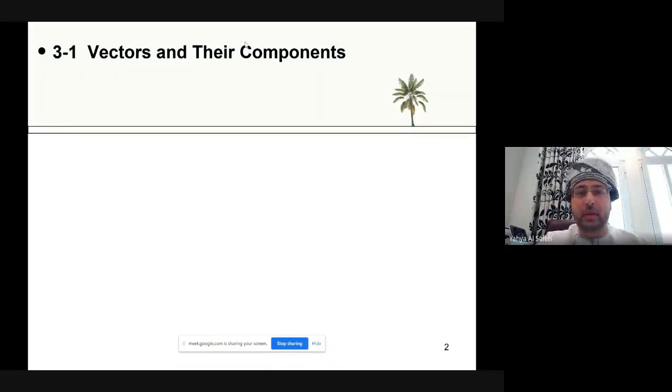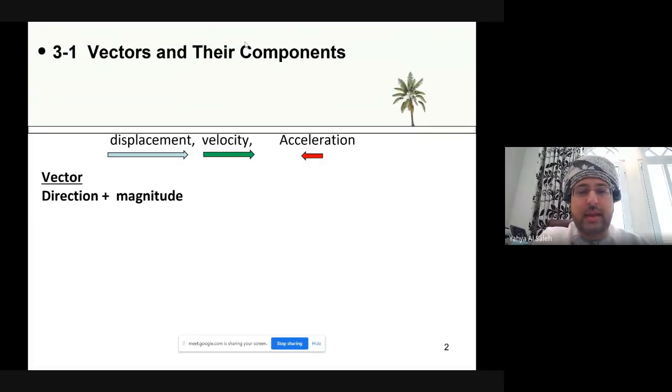Okay, let's start by defining vectors again and what their components are. A vector is direction plus magnitude. A scalar is only magnitude. What are examples of vectors? Displacement, velocity, and acceleration. You will notice each one of them has an arrow next to it. We'll explain why in a second.